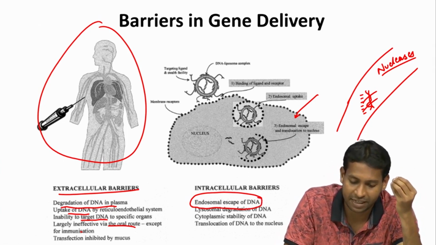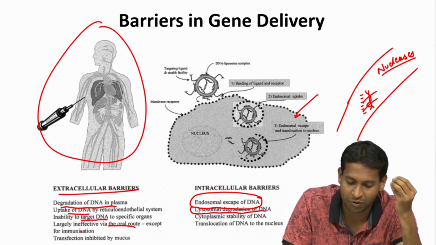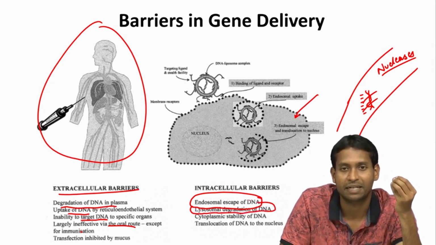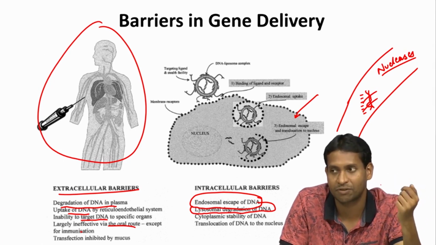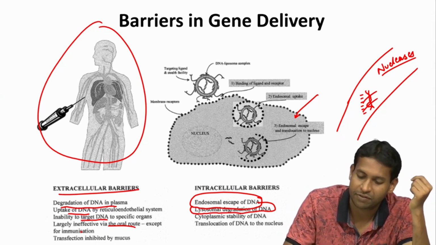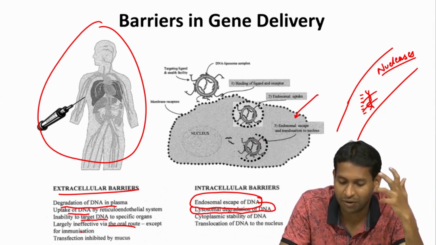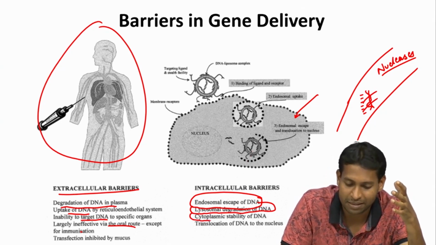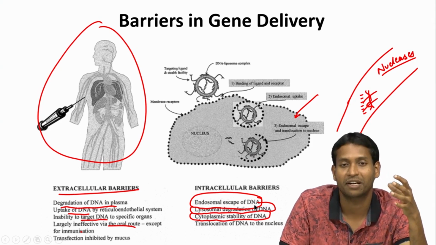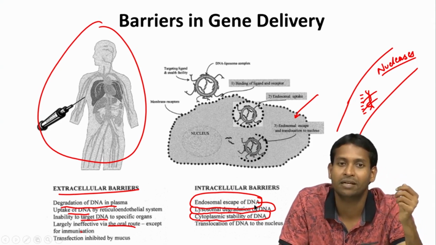Quite a lot of it gets degraded in the lysosome. Eventually the endosomes will go into the lysosomes, which contain a very harsh environment and lots of nucleases as well. So that is not going to work. Let us say somehow this comes out in the cytoplasm, then how stable is it in the cytoplasm, that is another challenge, because that is not an environment where the DNA was supposed to be.